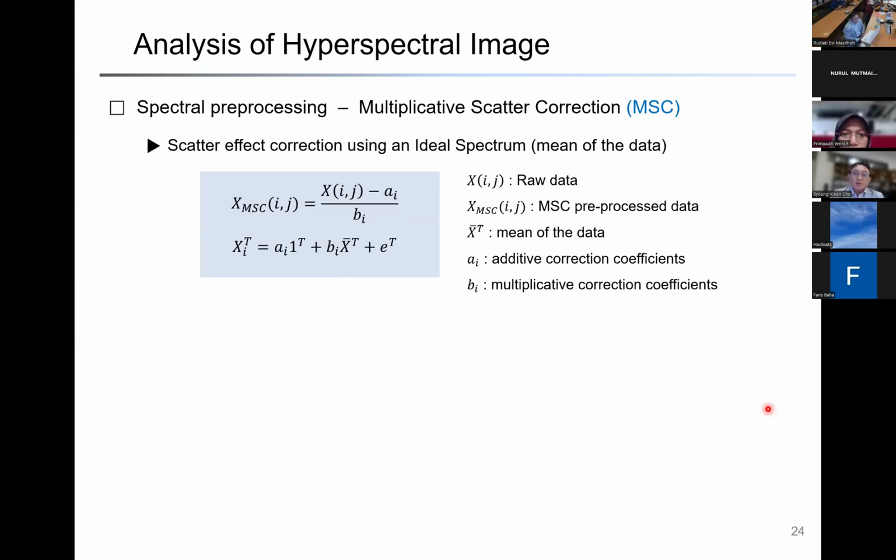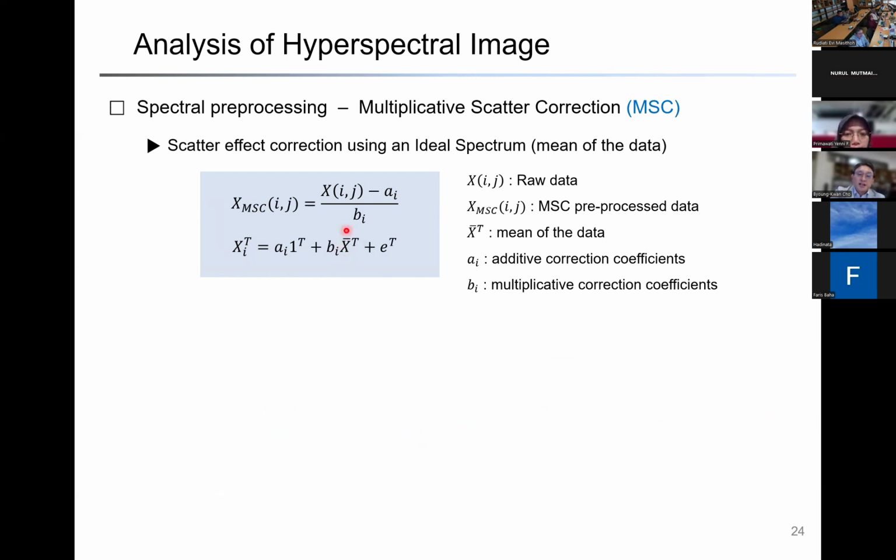That correction uses a reference spectrum. Okay, this equation. Sorry about the equation, but here x bar is the mean of the data.